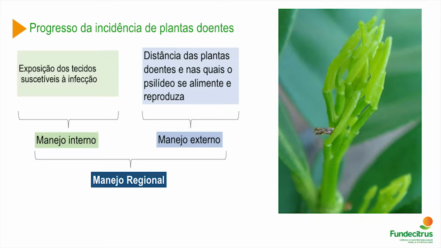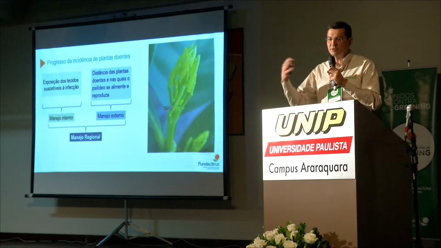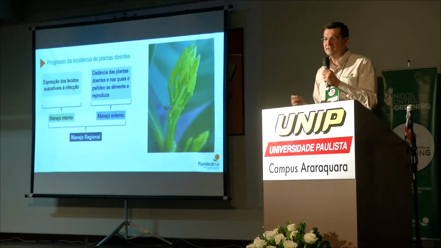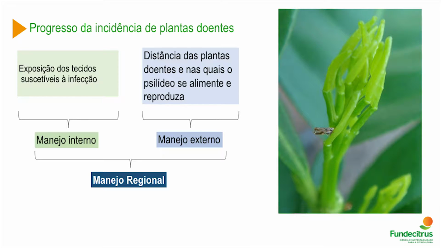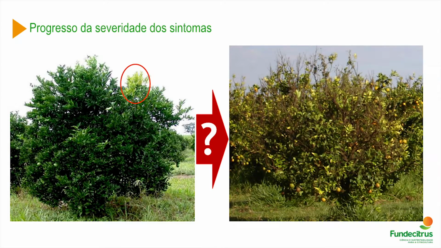That depends on the management, number of insecticide applications, reduction of the inoculum within the farm, and also the external management, external to the farm, that is at a distance from the grove, or as related to other citrus plants that may have the bacteria, and also where there is the presence of the psyllid in a non-controlled way. So that is dependent on what I do on my farm, and also the external management to the farm. So that is something I can control in a way.